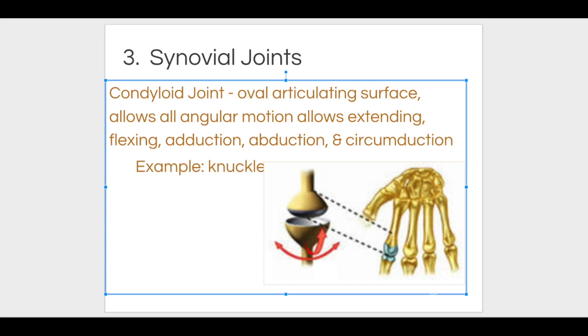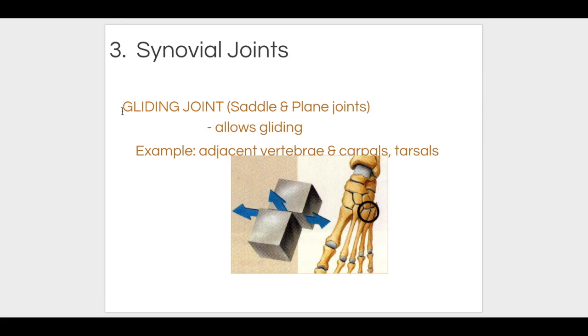The next type of synovial joint is combined. A couple of them are gliding joints, because that's the type of motion they're allowing, a sort of gliding action. So we have a saddle as well as a plane joint. Basically, they allow more give than anything.